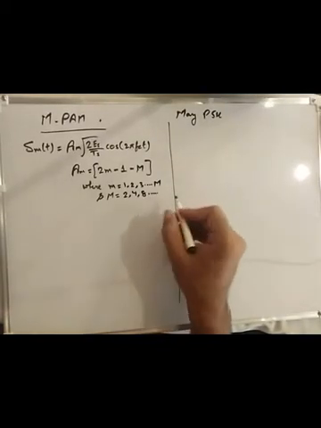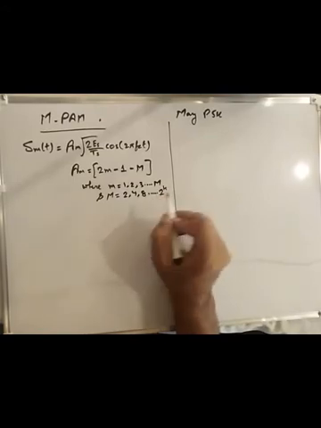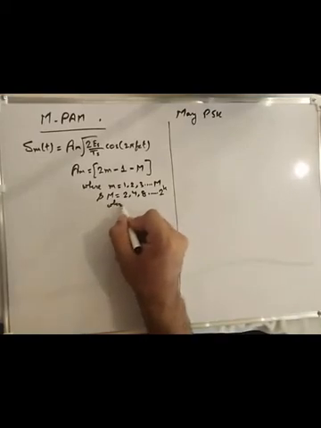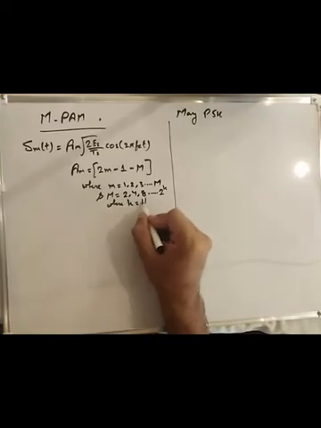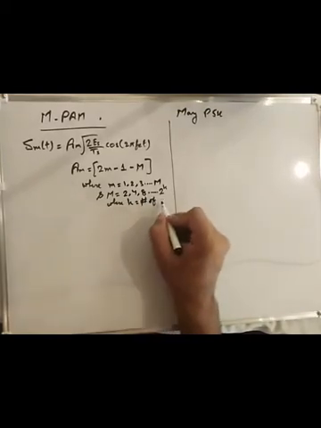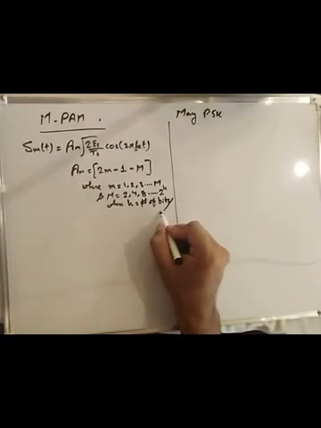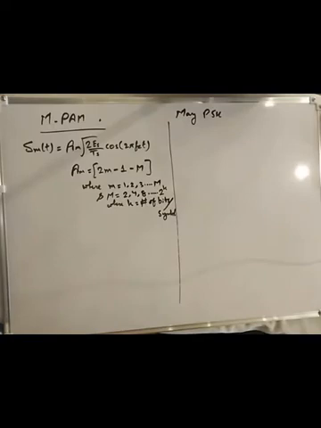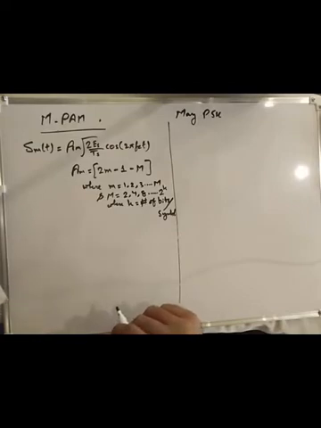It is in the power of 2, where k is the number of bits per symbol.